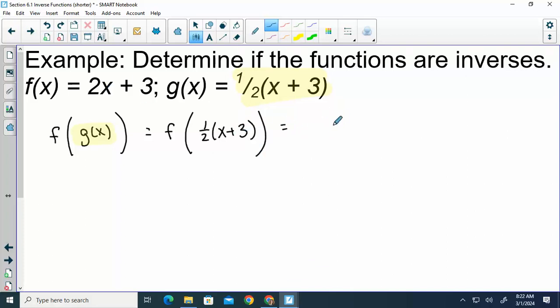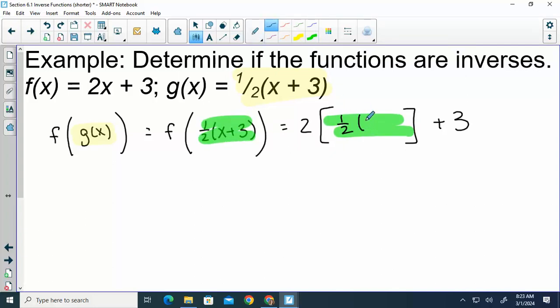okay, function f is 2 times whatever I put in plus 3. And the thing I'm putting in is my 1/2 times x plus 3. So 2 times 1/2, those cancel. So we get x plus 3 plus 3, which is x plus 6.